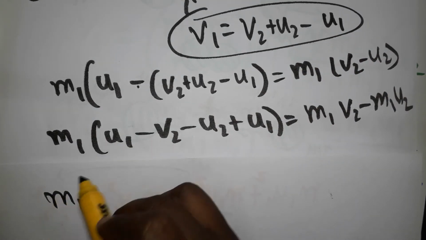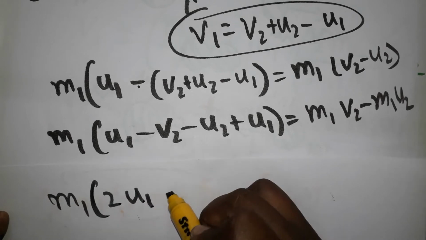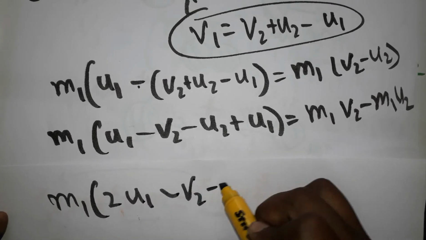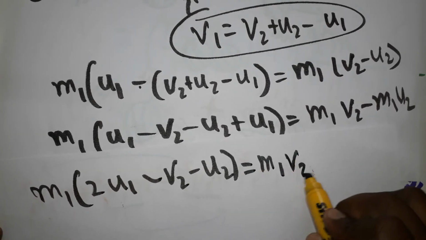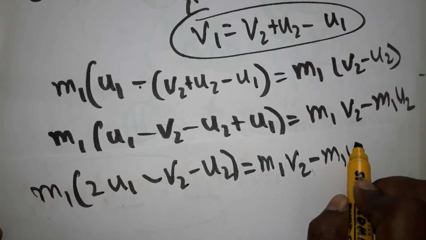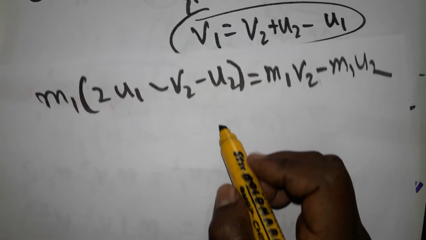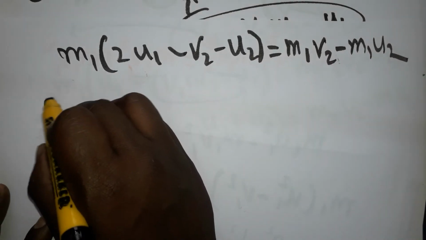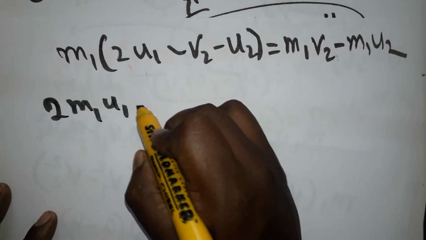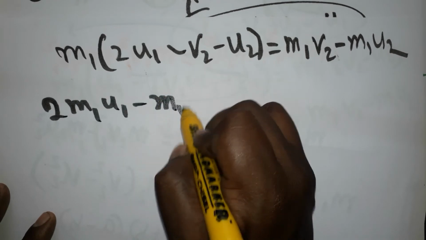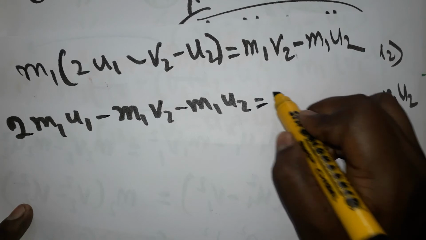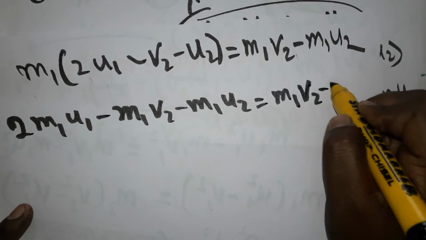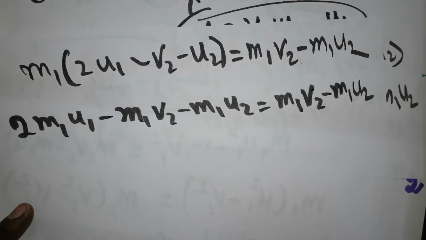So m1 (2u1 minus v2 minus u2) is equal to m2 v2 minus m2 u2. Bringing m1 inside: 2 m1 u1 minus m1 v2 minus m1 u2 is equal to m2 v2 minus m2 u2. This is what we have.